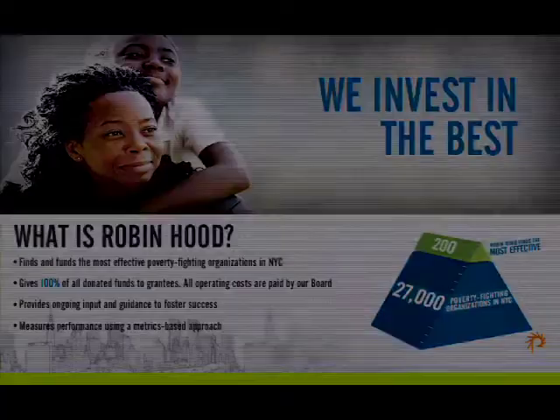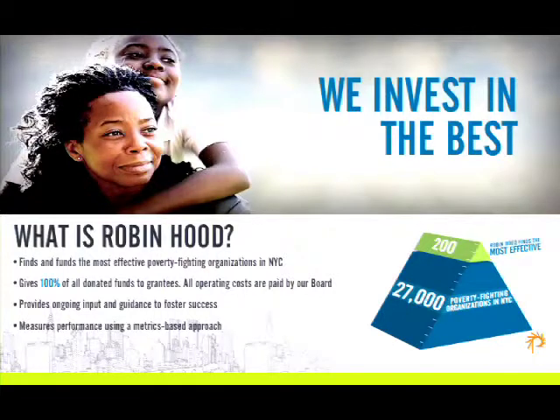All right, so I'm just going to talk a little bit about Robinhood and how they work. Robinhood is a really interesting organization in that their mission is to fight poverty in New York City, and they take a very interesting metrics-based approach for how they decide who their grantees are going to be. So it's all about finding the most effective organization.